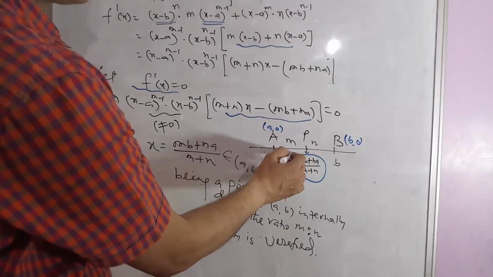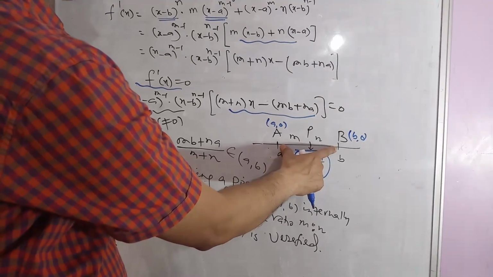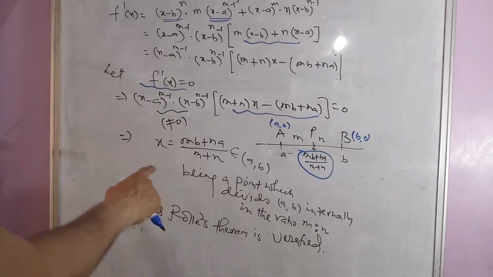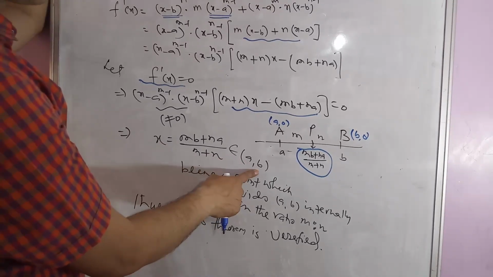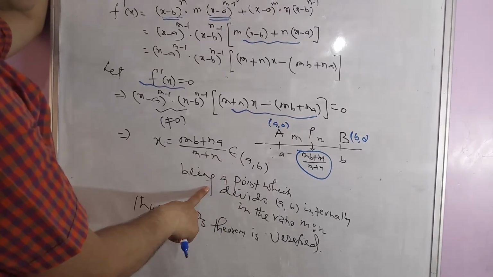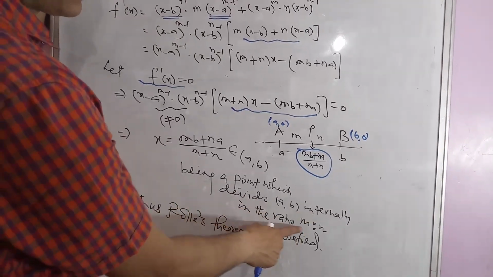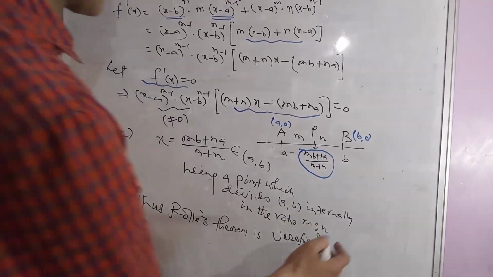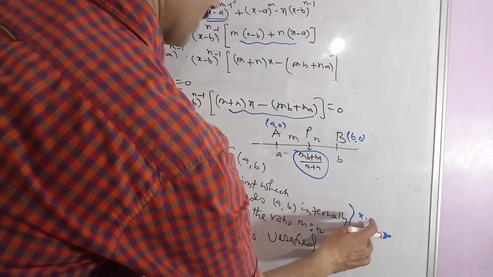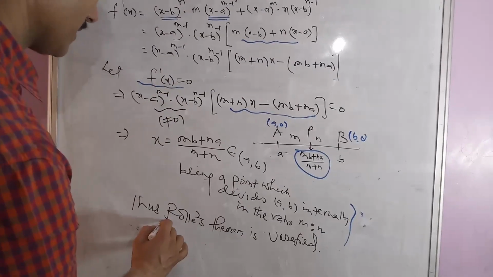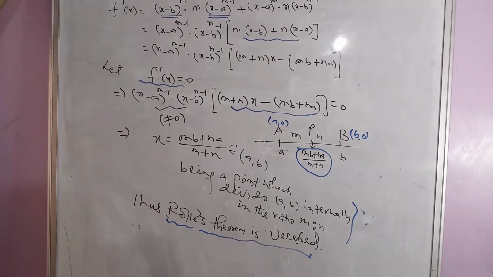This is the internal division point of the line joining this point to this point. So here x equal to (mb plus na) by (m plus n) belongs to open interval ab, being a point which divides ab internally in the ratio m is to n. So we see here Rolle's theorem is verified.